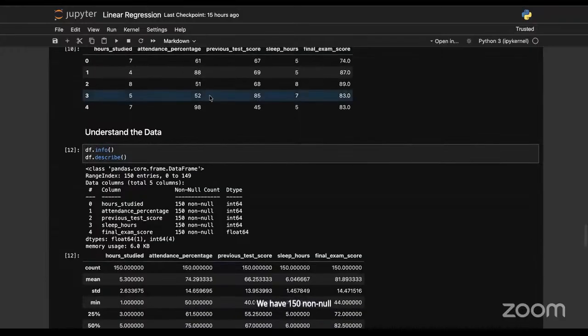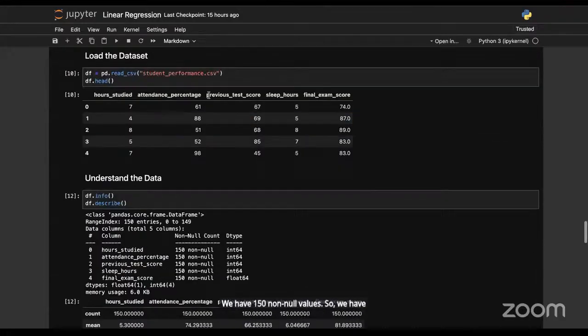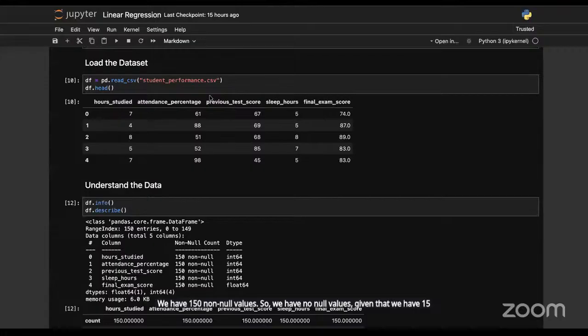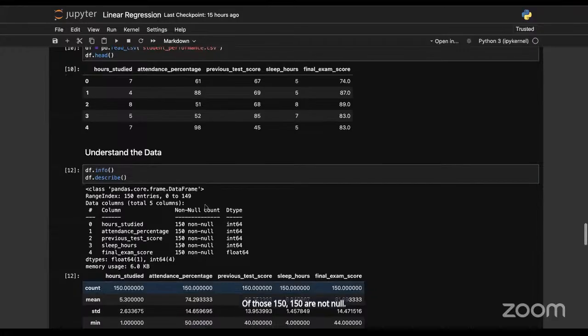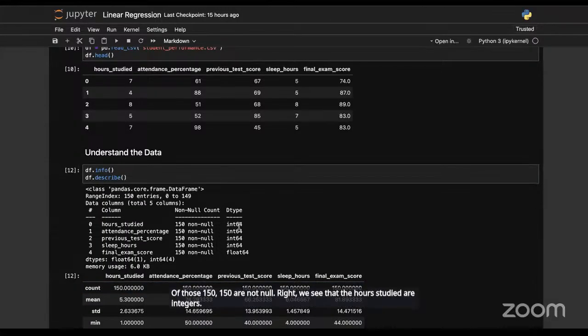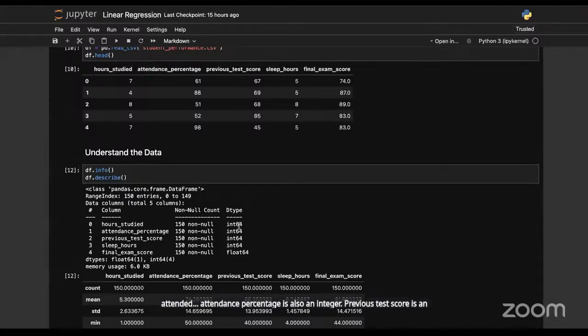So we have no null values given that we have 150 entries. We see that hours studied are integers, attendance percentage is also an integer, previous test score is an integer, sleep hours an integer, and final exam score is a float.